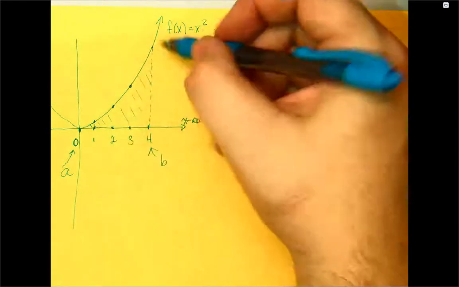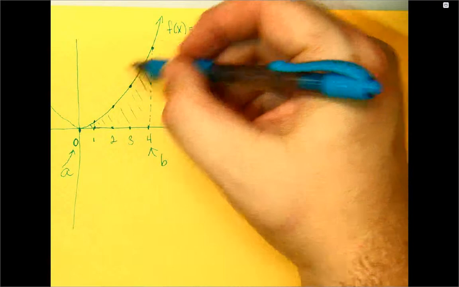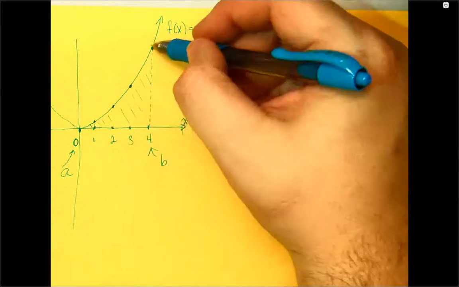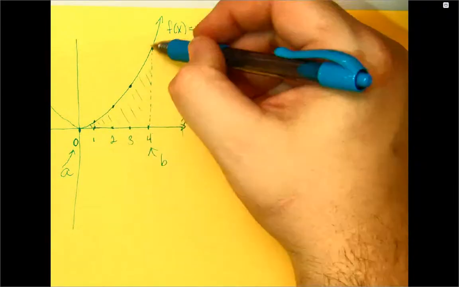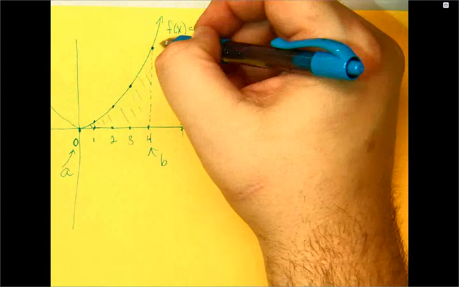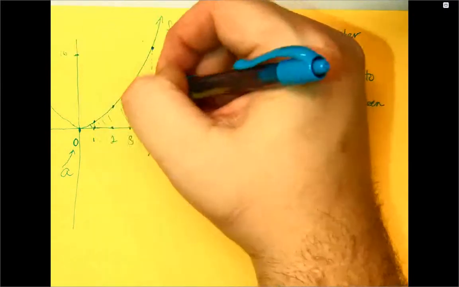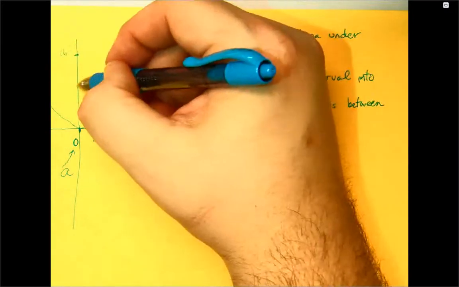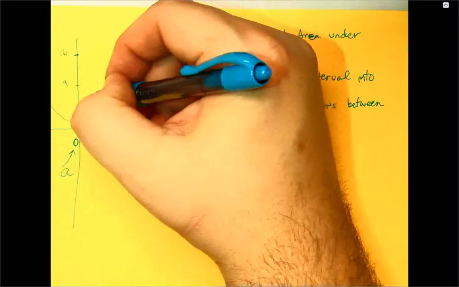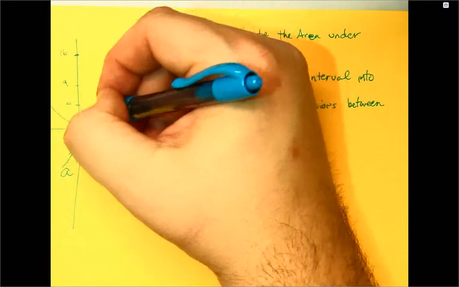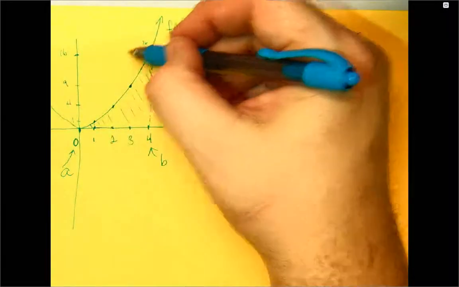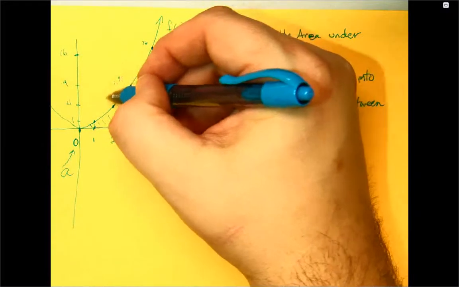Now, when x is 4, what's this point up here? 16. And then when x is 3, this is 9, and this is 4, and that's 1. So I can put a 16, 9, 4, and 1.